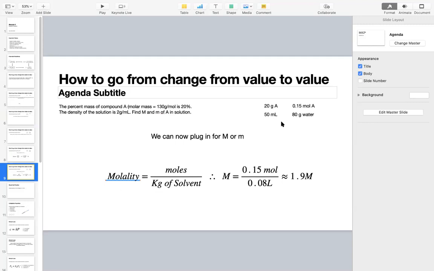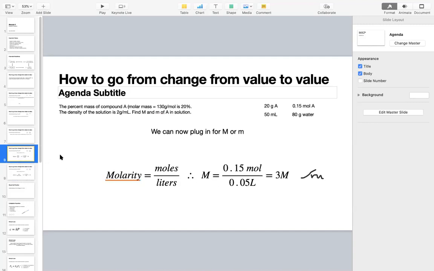So we have 80 grams of water, and we end up with our molality, which should be little m. So not big M, but little m. All right. Can you go back to the molarity slide for 1 second, please? Yeah. Thanks.